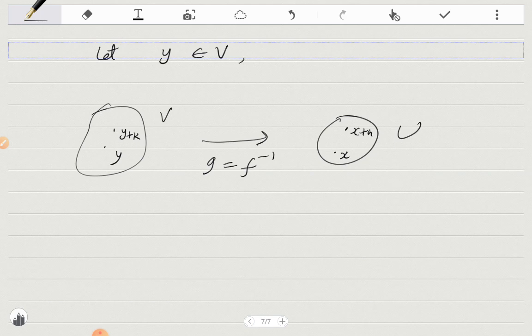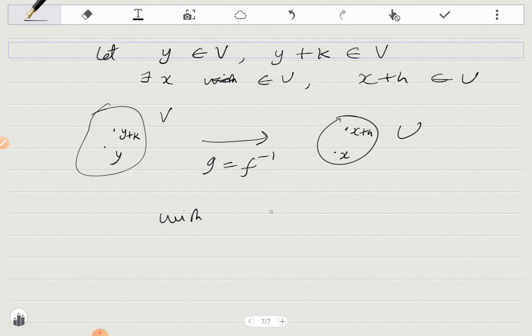So I started with y and k small enough so that y plus k is also in V. Since V is open, for k small enough, y plus k will continue to be in V. There exists x with x in U, x plus h in U, with f of x equal to y, f of x plus h equal to y plus k.